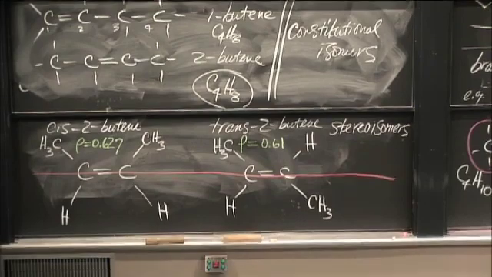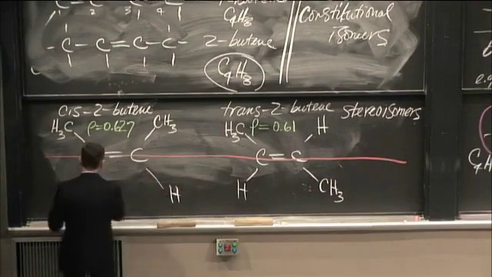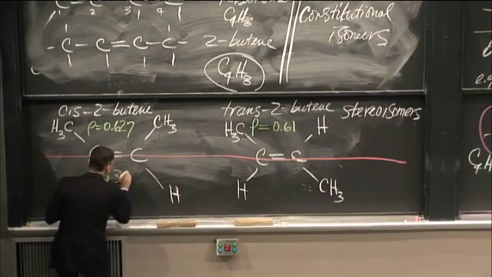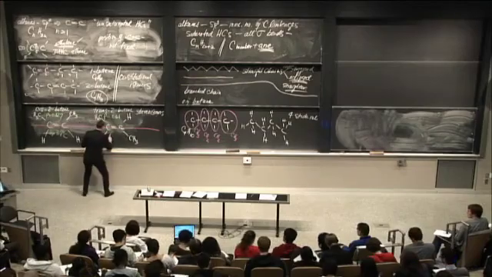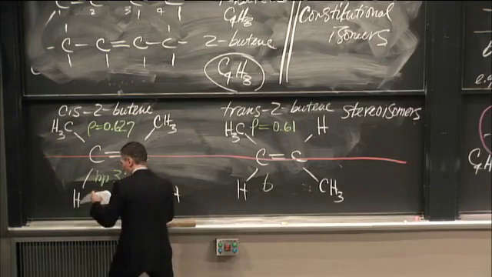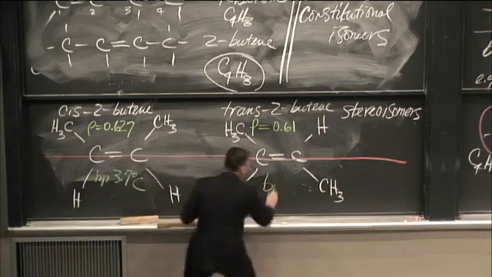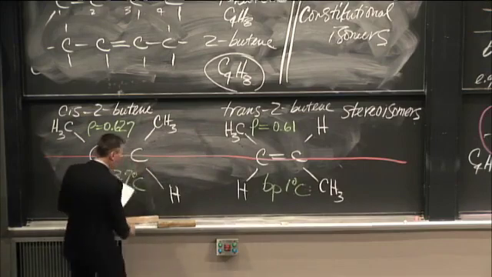Because there's more nearest neighbors, it's more tightly packed, so I would bet on the one with the higher density. This one boils at 3.7 degrees Celsius, and this one, oh, hang on, I've got this backwards. Boiling point, this is 3.7, and this is 1 degree Celsius. So those are the data as they come out.